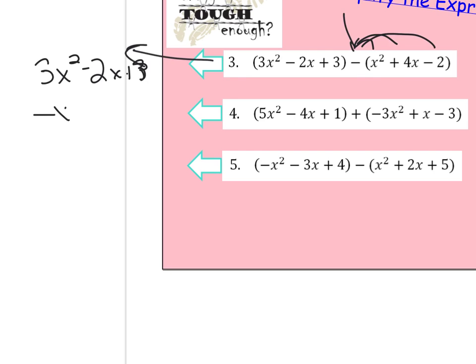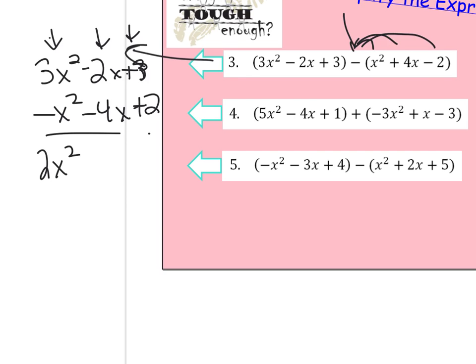Then I'm going to have minus x squared minus 4x plus 2. Notice how I lined them up, x squared, x, numbers. That's not a bad idea. That way it's easy to combine them. So that's going to be 2x squared, minus 6x, plus 5. There is my answer.